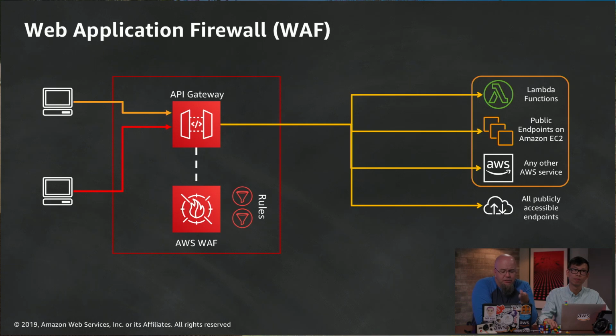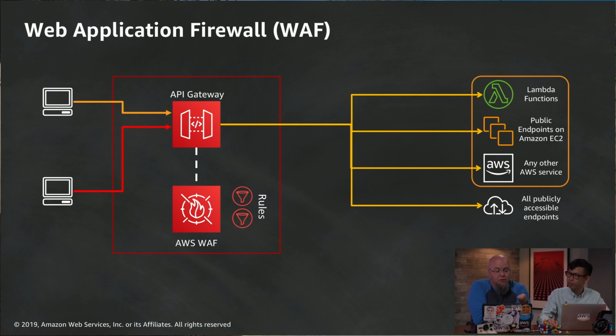Now WAF is very interesting in that it provides a level of security where you can get custom, you can get crazy with your rules. The way it works is, let's say we have our two clients here, the orange and the red. The clients make the request against API Gateway. For our orange one, we validate their request. Maybe it's a token header, maybe it's an IP address, maybe it's a geographic location.